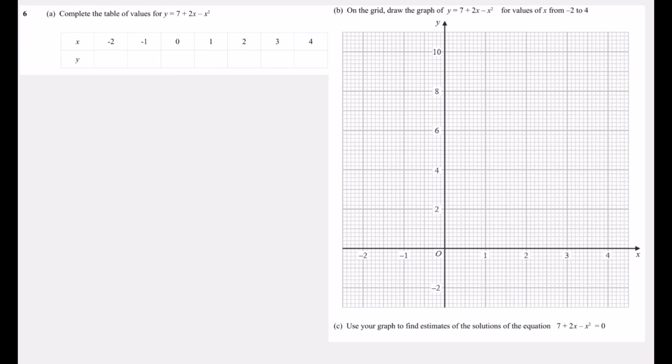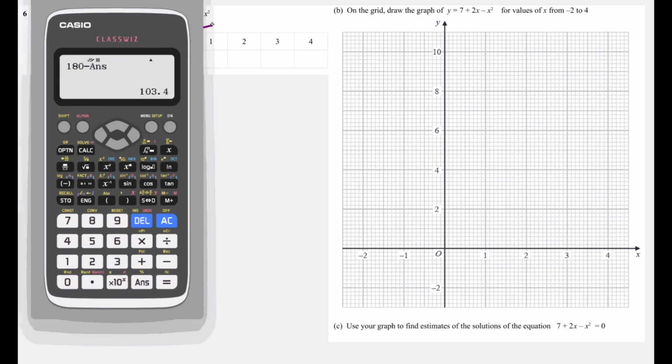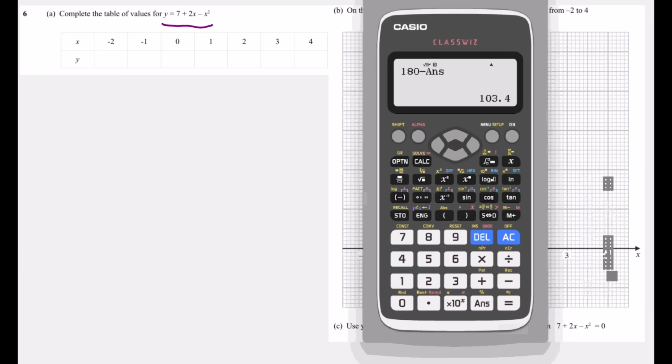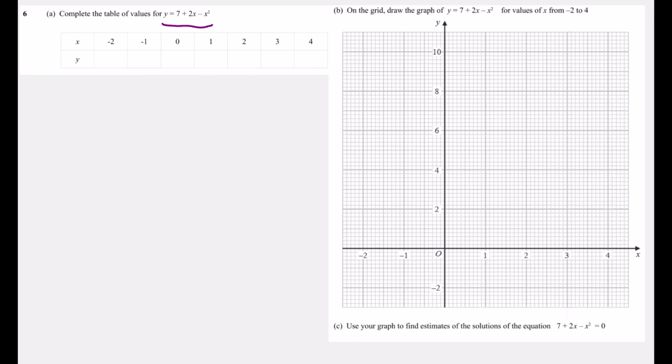Question 6. Complete the table of values for y equals 7 plus 2x minus x squared. So we're just substituting in the x's into the equation. So we'll have 7 plus 2x minus x squared. Let's put in, I'm going to start on the right. So substituting 4, we get -1.